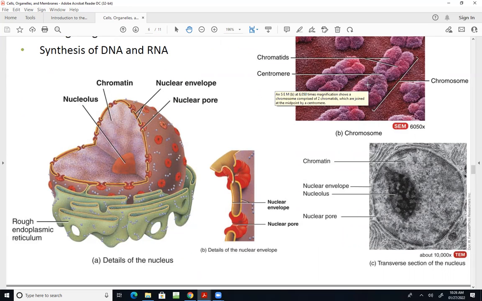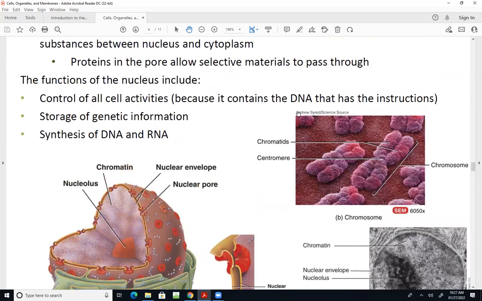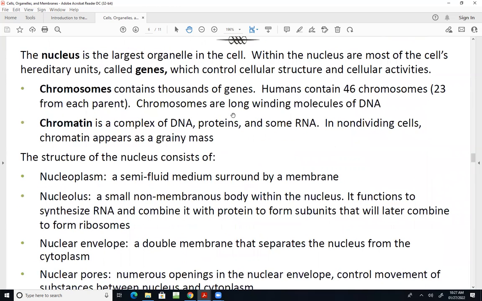That's when the DNA is winding up into this special shape. That way, when the cells do divide, it's easy for the division to occur and all the DNA to go into the correct cell. Most of the time you find the DNA in an unwound state in what we call chromatin.